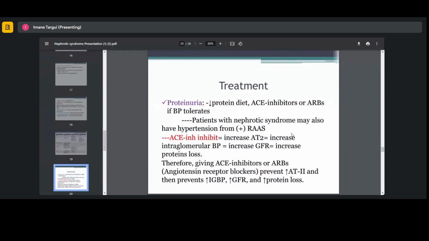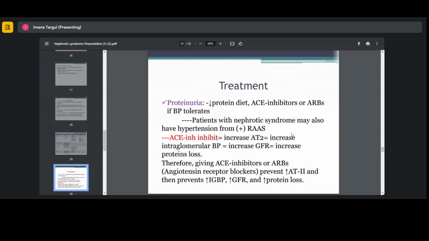Treatment for proteinuria: we ask the patient to decrease the protein in the diet, and give ACE inhibitors or ARBs if blood pressure tolerates. Patients with nephrotic syndrome may also have hypertension from stimulation of the RAS system. ACE inhibitors can inhibit this pathway we saw before, which increases angiotensin 2, increases intraglomerular blood pressure, increases GFR, and increases protein loss.